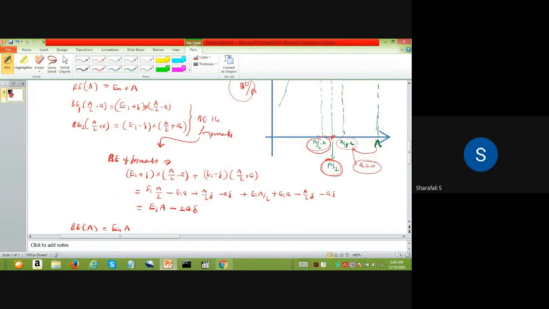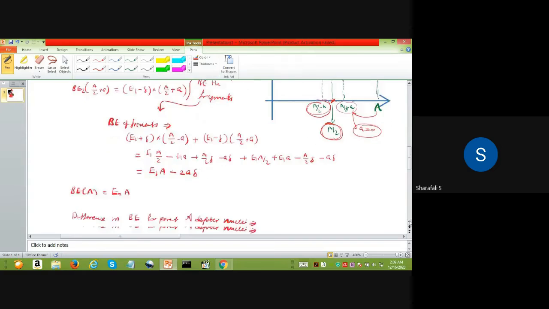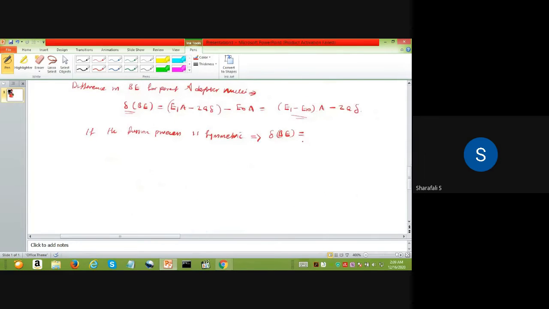Then only A by 2 will come for both daughter nuclei. So for symmetric fission, delta equal to 0, which implies E1 minus E0 times A, capital A.